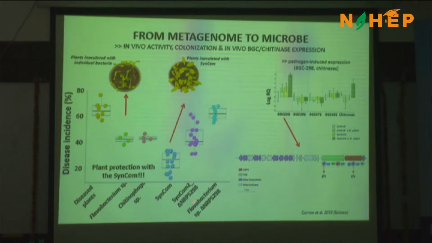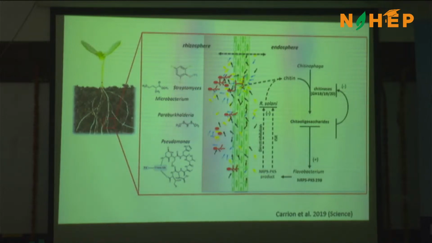But when we add Flavobacterium alone, the disease incidence went up almost to the same level as in the control, when the bacteria was not present. Was it clear? Good. You already saw this in your talk.